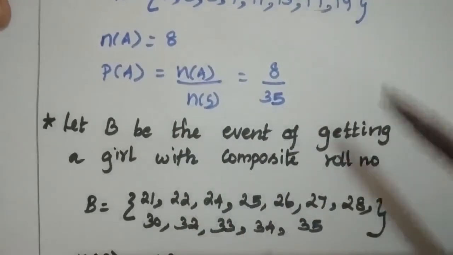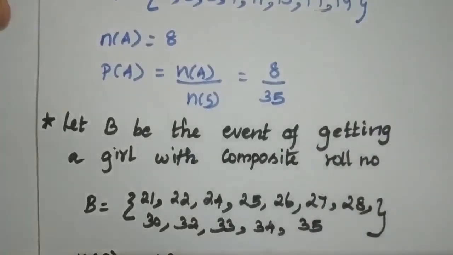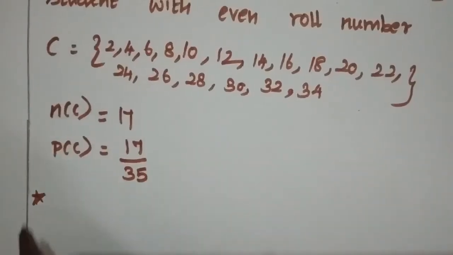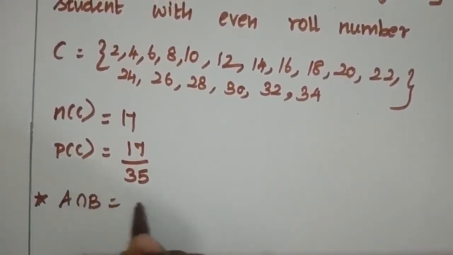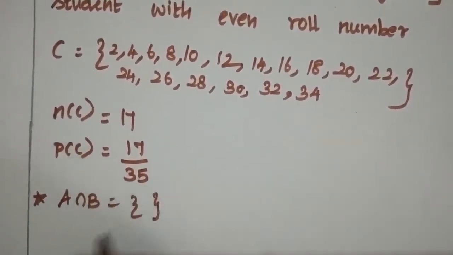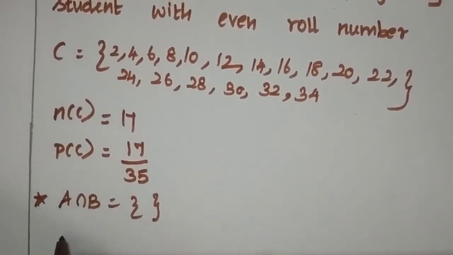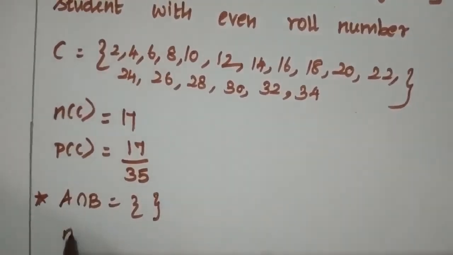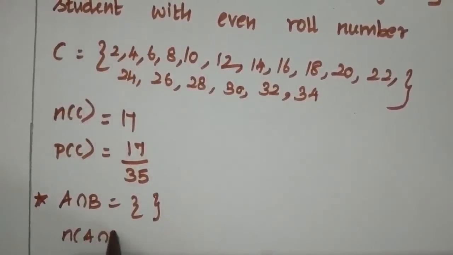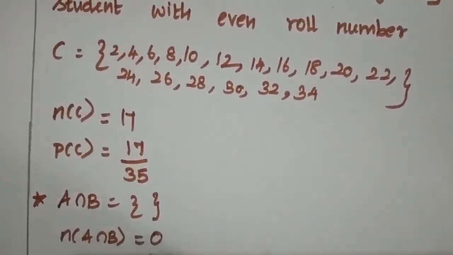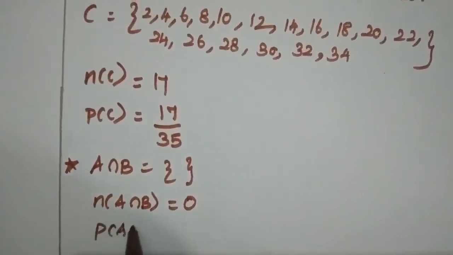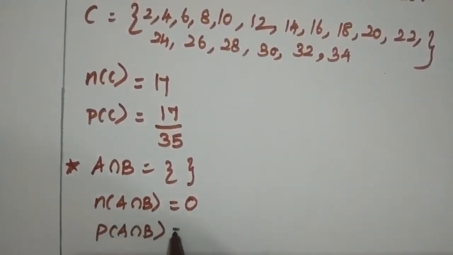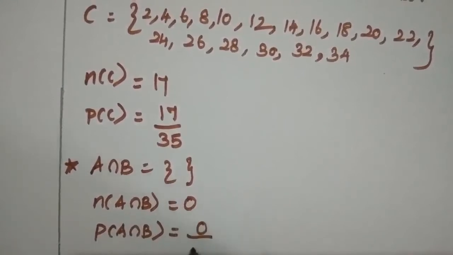So there are no common sample points between A and B. A intersection B is equal to null. So n of A intersection B, number of sample points is 0. P of A intersection B is equal to n of A intersection B divided by n of S, that is 0 divided by 35, which is equal to 0.